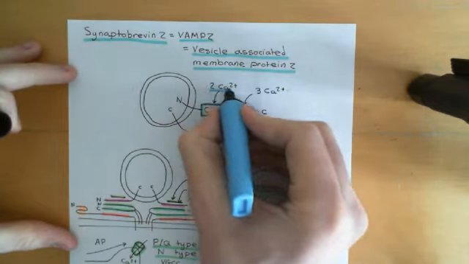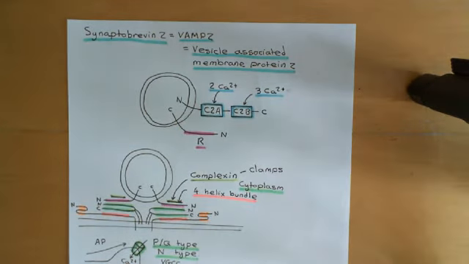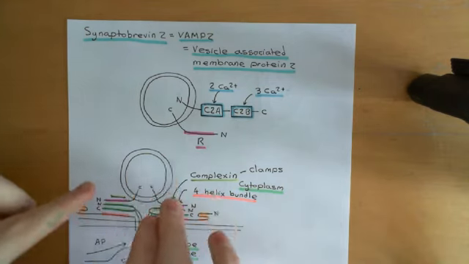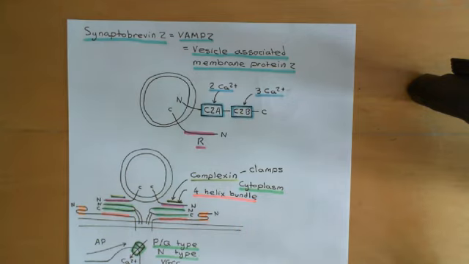Two calciums bind to the C2A domain and three calciums bind to the C2B domain. So in our synaptic vesicle, we've got lots of synaptotagmin proteins. When the calcium signal occurs, because an action potential has arrived in the axon terminal, the synaptotagmin proteins are going to start binding to calcium. Specifically, each one is going to end up getting 5 calcium ions bound to it.